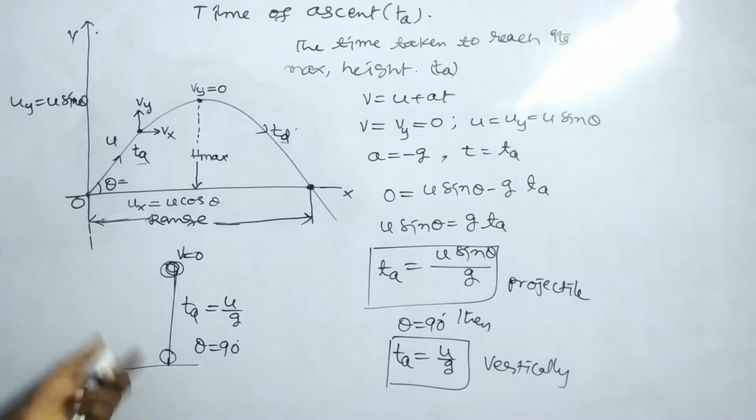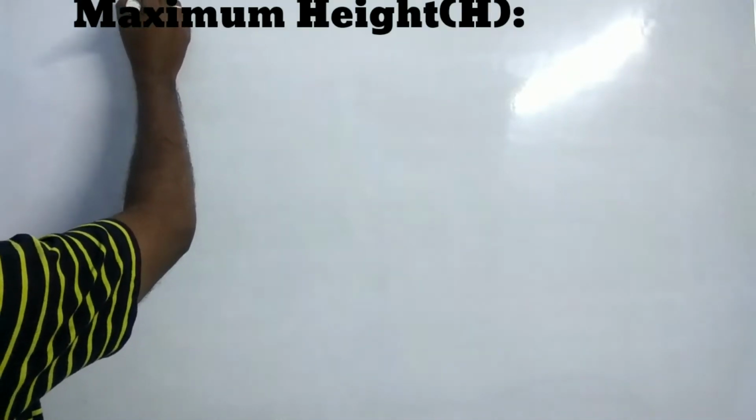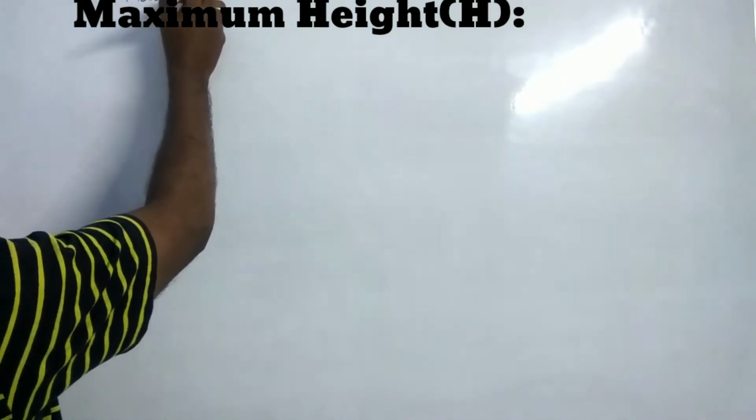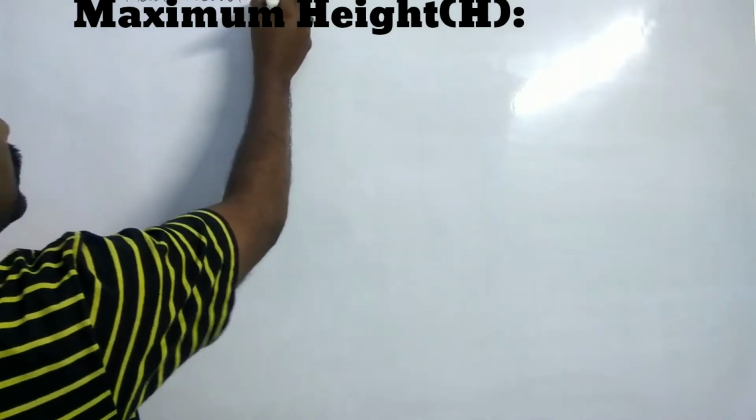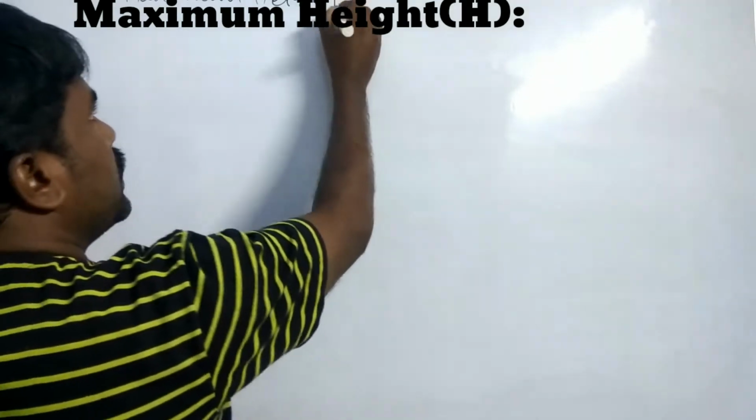Okay, and now we have to find the time of descent, time of flight and range. For the projectile, this is the maximum height, h maximum.